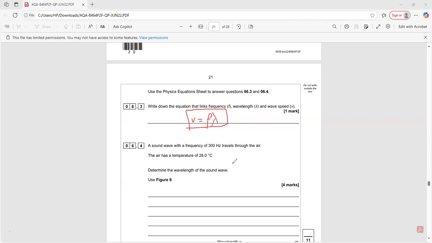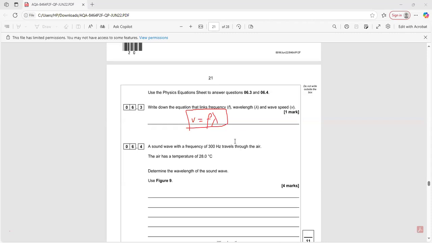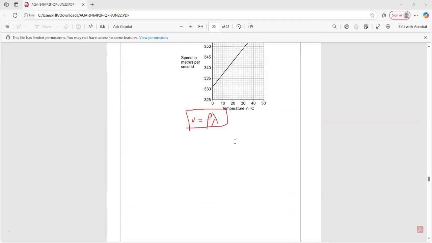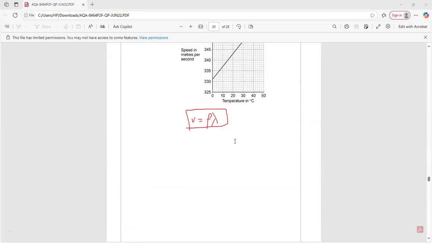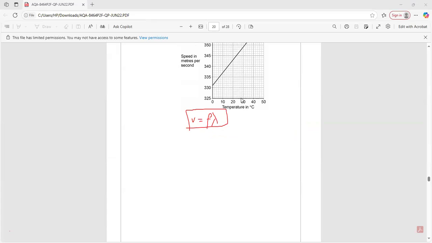So let's take a look at figure 9. The graph tells us, at 28 degrees Celsius, that's the box right before 30.